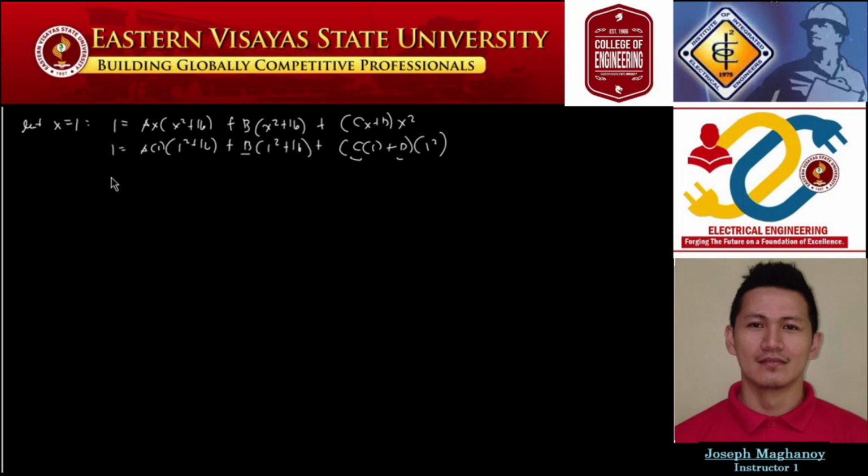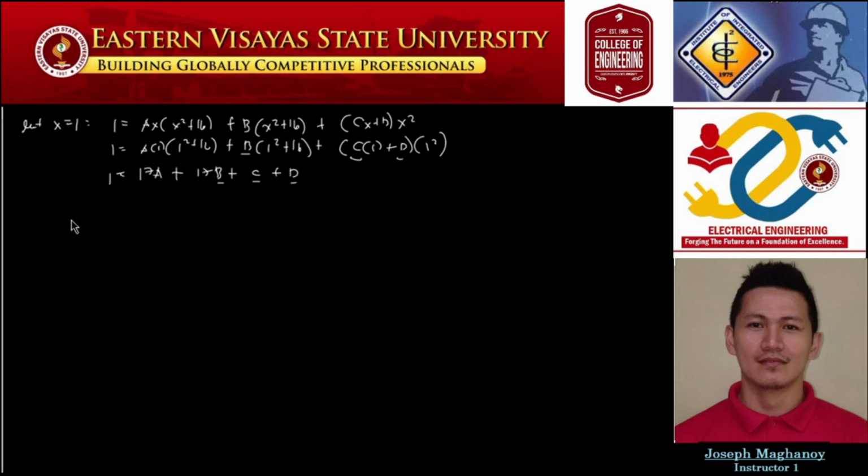So we can have 1, so this is 17a, plus here we also have 17b, times 1, we have c plus d. But we have a value for our a, c, and d.